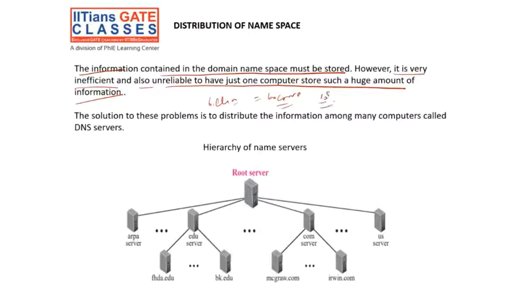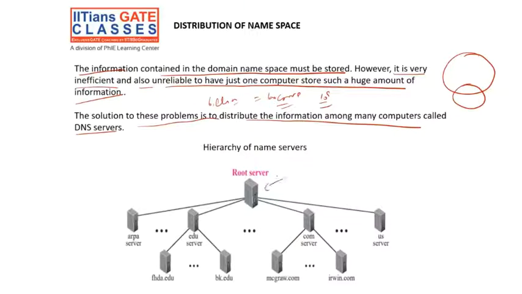That much information is there. On one node, we can't store it. Big storage is required, and a big server for processing, searching and all these things. So the solution to this problem is to distribute the information among many computers, called DNS servers.